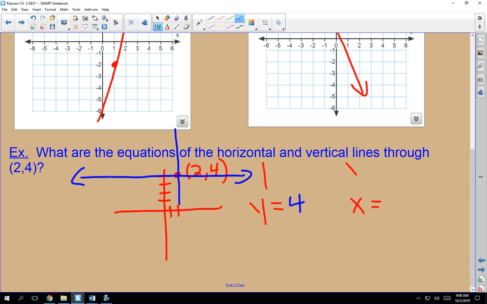It just stays at x equals 2. And so horizontal lines are y equals whatever the y value is that it goes through, and vertical lines are x equals lines, and it corresponds to whatever the x value is that it goes through.